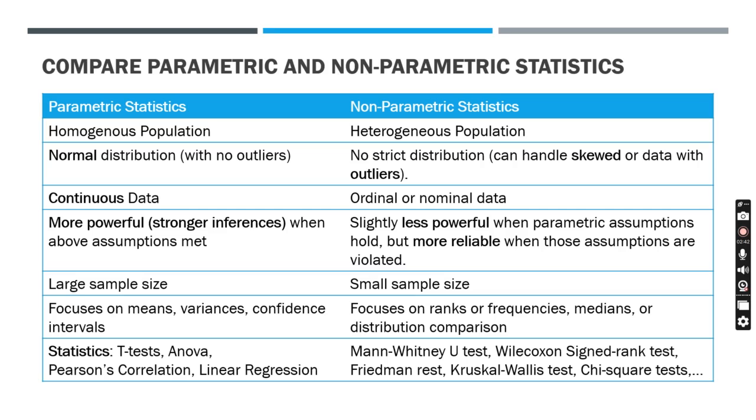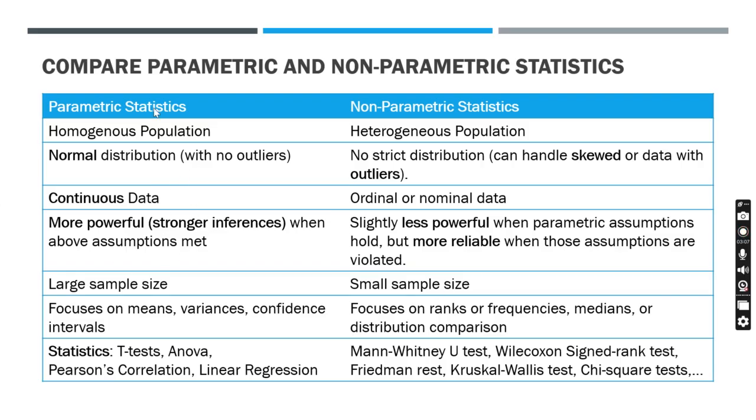But for ordinal or nominal data, we use either an order, like 1, 2, 3, 4, 5, or nominal data, like gender, where we can say male or female, or country, or something like that. We can use these with non-parametric statistics.